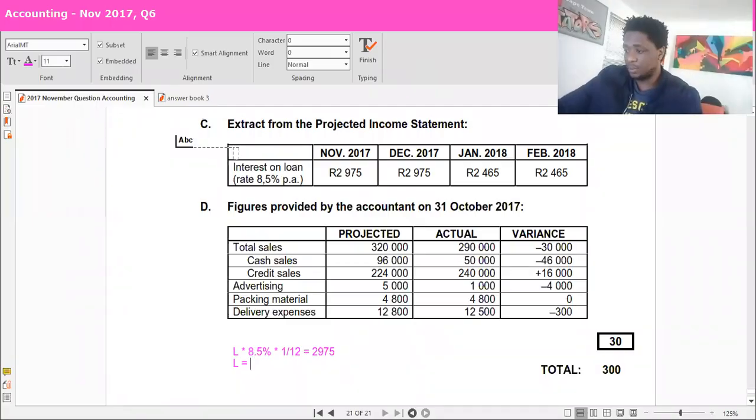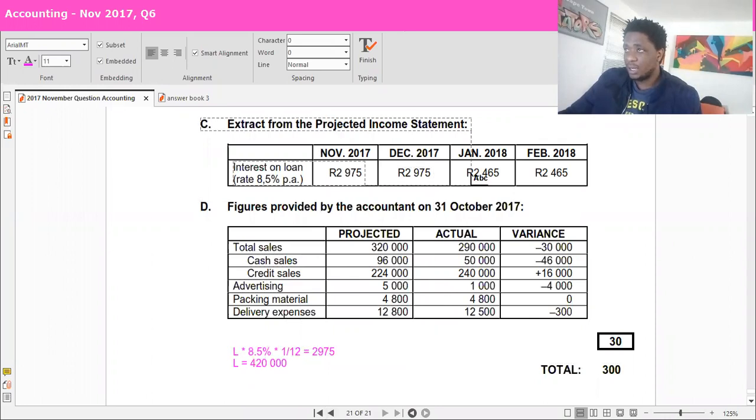So the loan was actually 420,000. So if you take 2,975 and divide by 8.5% multiplied by 1/12, because you divide by the same thing on the left-hand side as well as on the right-hand side. Cool.